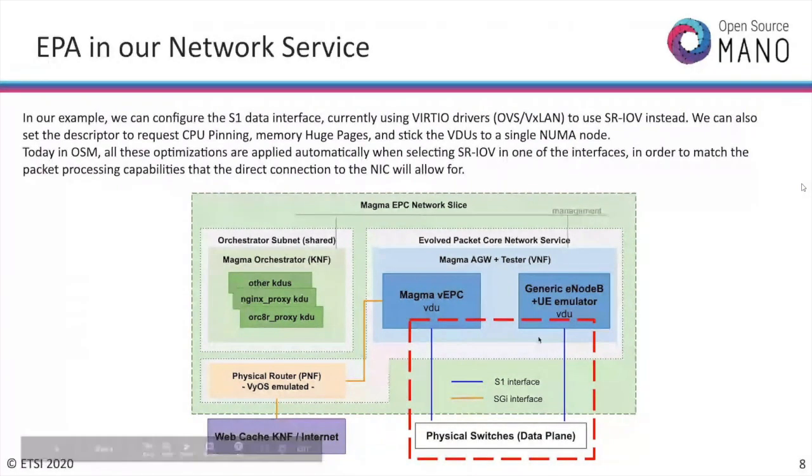In the next session, I will talk more about how this will work and how SDN Assist will also help us configure the physical switches. So we're going to be able to see the whole thing: CPU pinning and huge pages being applied with SR-IOV, and also the SDN controller configuring the physical switches.